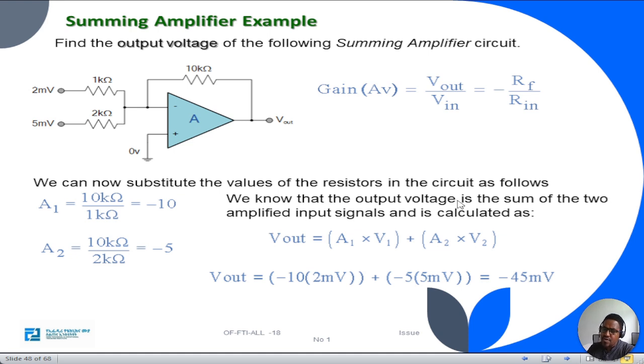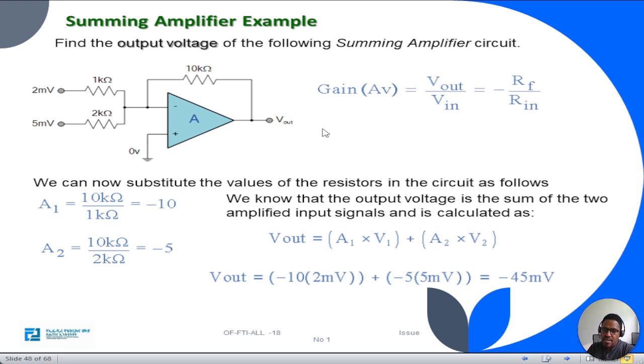So we know that the output voltage is the sum of the two amplified input signals and is calculated as V out becomes gain 1 multiplied by V1 plus gain 2 multiplied by V2. So our gain 1 is minus 10, our input voltage is 2 millivolt, plus gain 2 minus 5, our V2 is 5 volts.